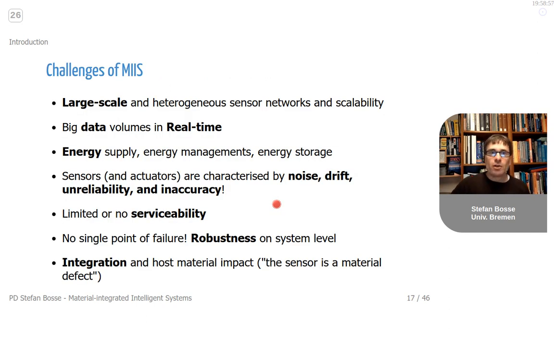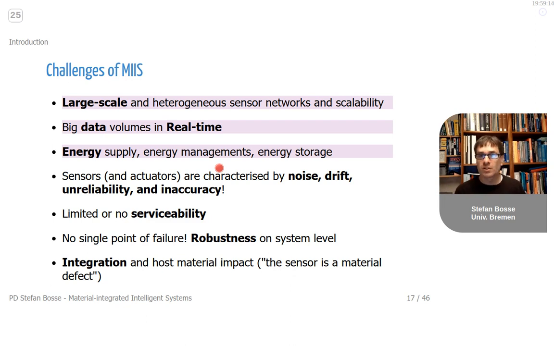What are the challenges of material integrated intelligent systems? Large-scale and heterogeneous sensor networks and scalability is one challenge. Big data volumes in real time, limited energy supply, energy management, energy storage, energy harvesting.